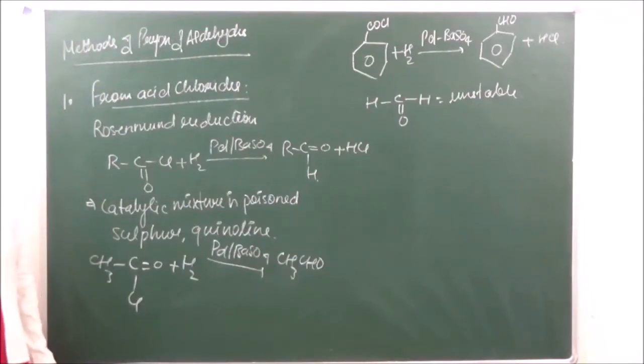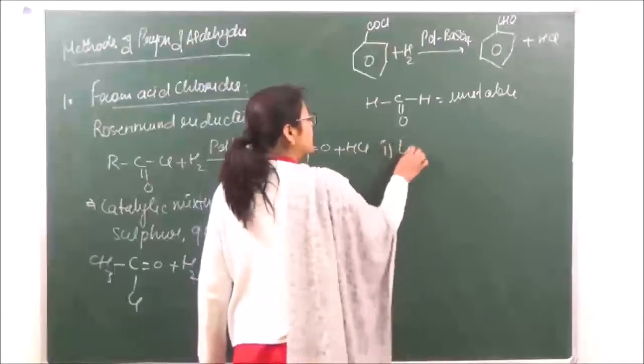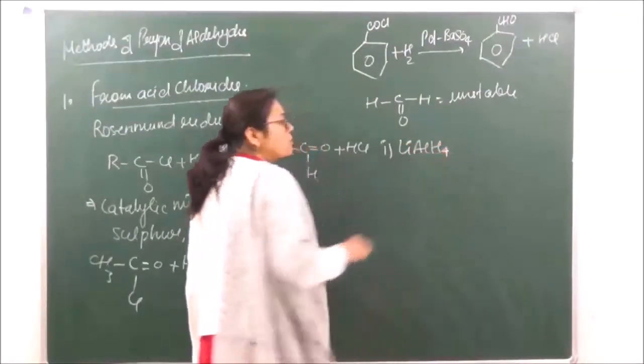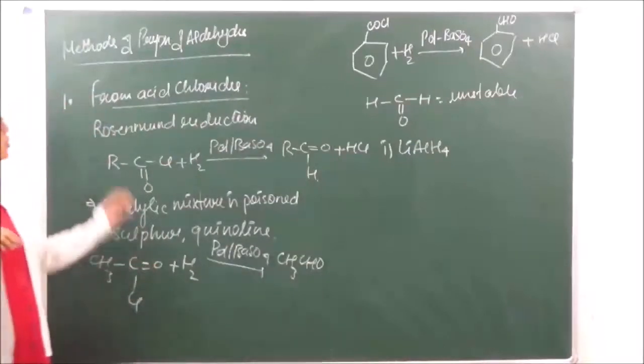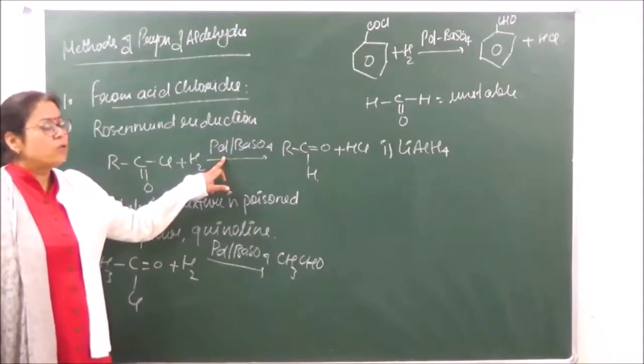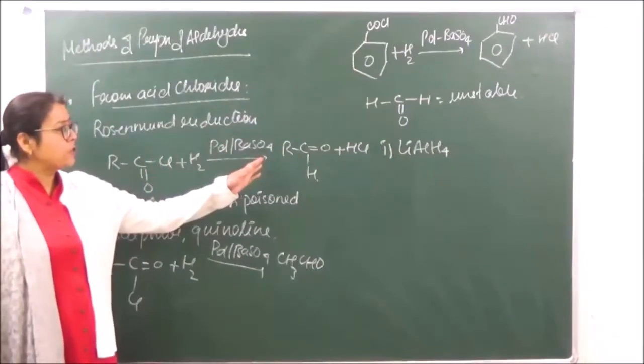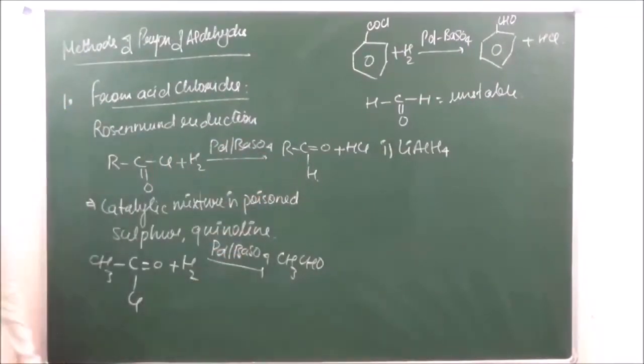Okay? After that, we can take other reducing agents also. For example, we can take lithium aluminium hydride. This is one of the reducing agents which we can use. But if you're talking of Rosenmund reduction, it is only when we are taking the reducing agent as palladium and barium sulfate. But in order to reduce the chlorides into aldehydes, we can take lithium aluminium hydride. We can also take lithium aluminium tertiary butoxide or tri-tertiary butoxy aluminium hydride, right?